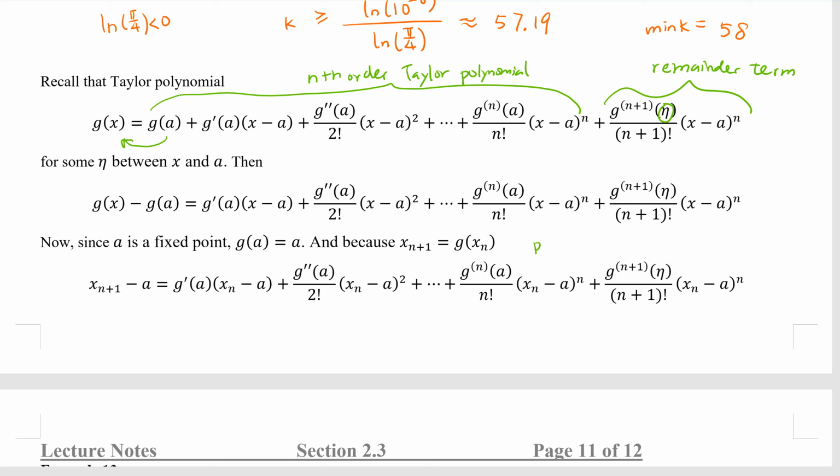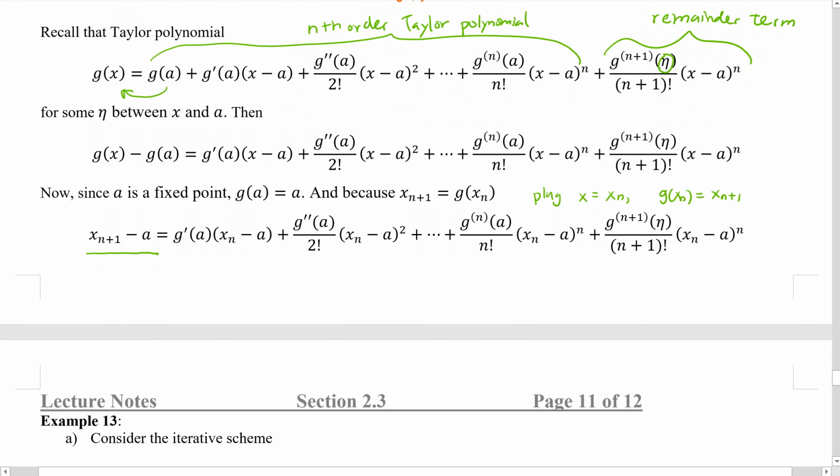So now plug in x equals xn, and let's plug in g of xn to be x sub n plus 1. Then we have x sub n plus 1 minus a, because a is a fixed point, that equals g prime of a times (xn minus a) plus the second derivative over 2 factorial times (xn minus a) squared, and the rest of the terms.